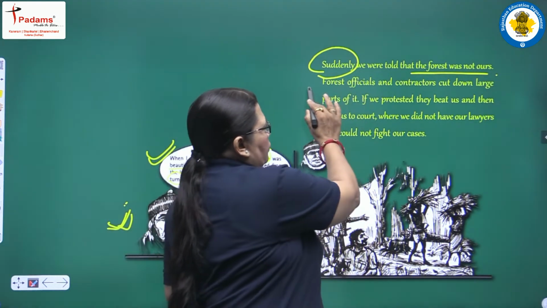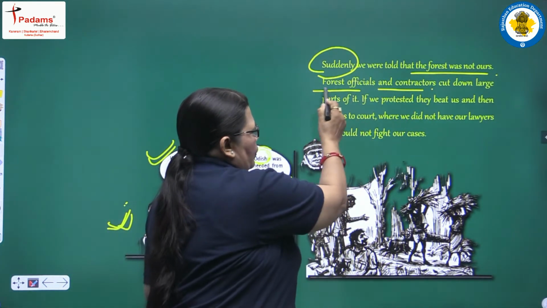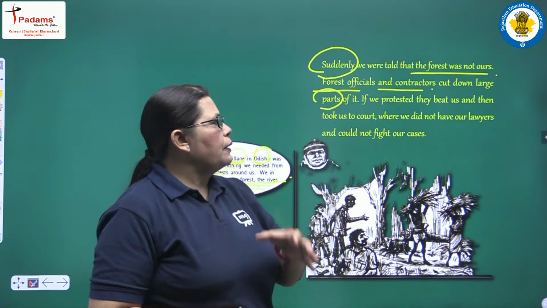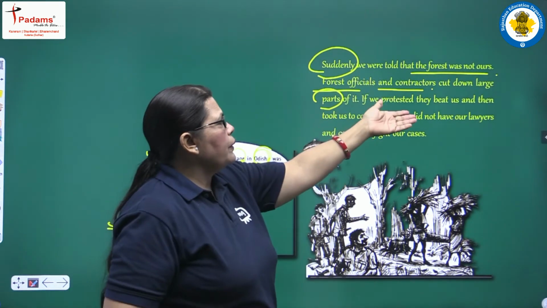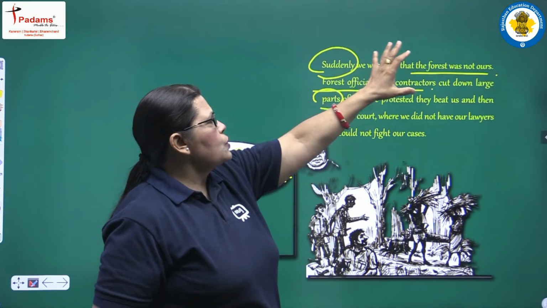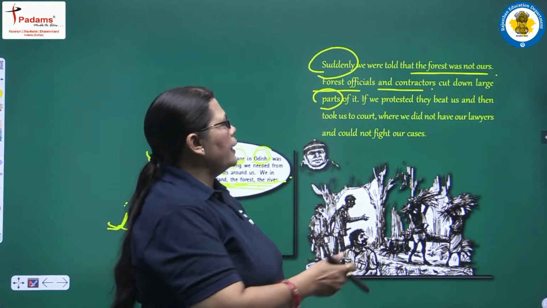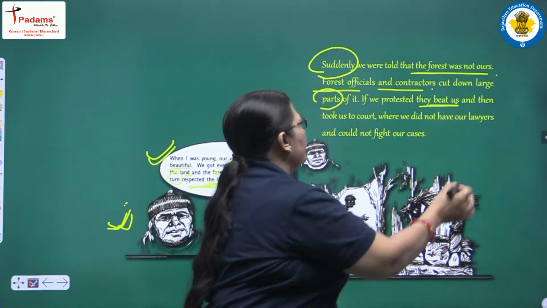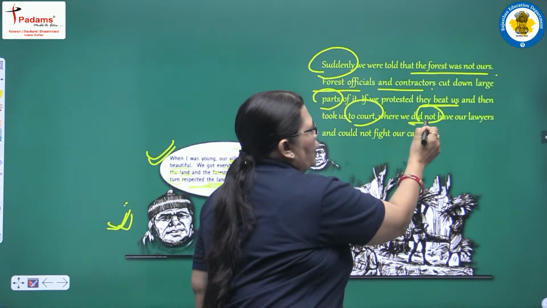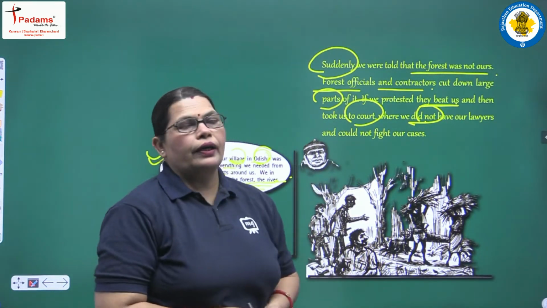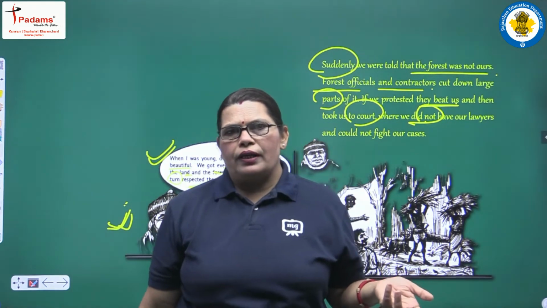Forest officials and contractors cut down large parts of it. If we protested, they beat us. See the condition of the Adivasis. If they protested against the forest officials and the contractors cutting down large parts, then they beat us and then took us to court also, where we did not have our lawyers and could not fight our cases, because at that time these people did not have that much awareness, students.